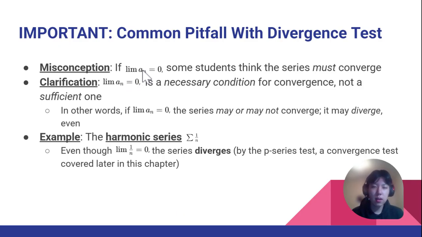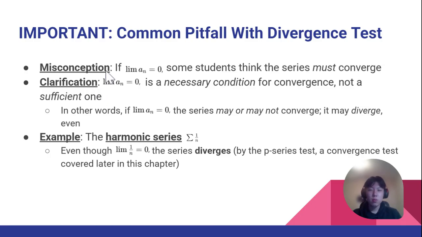So now I'm going to cover a common pitfall that a lot of people fall into with the divergence test. I've seen this a lot, and basically what happens is some students, and I have personal experience, think the series must converge if the limit equals 0.